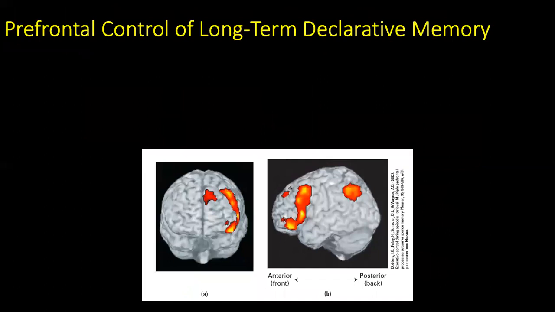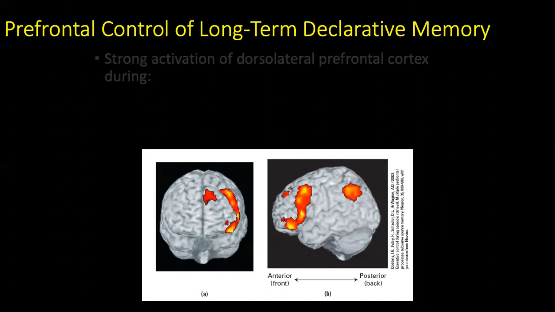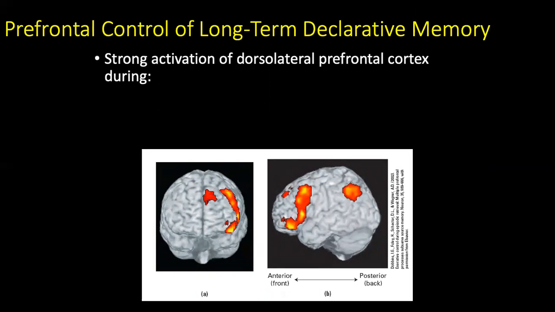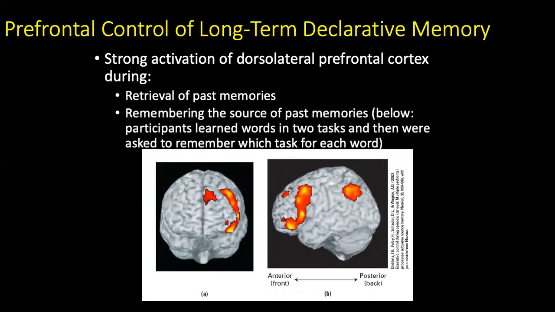And we talked about this, right, back when we talked about declarative memory, but it seems to be involved in that kind of pulling up old information as well. So we see strong activation of dorsolateral prefrontal cortex when we're trying to retrieve past memories that we have, and in particular when we're trying to remember the source of past memories, right? So we did talk about this before in the declarative memory chapter, but I wanted to bring that up again here as well. So prefrontal cortex is important for maintaining this information.